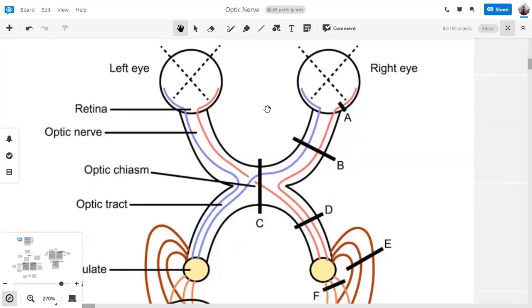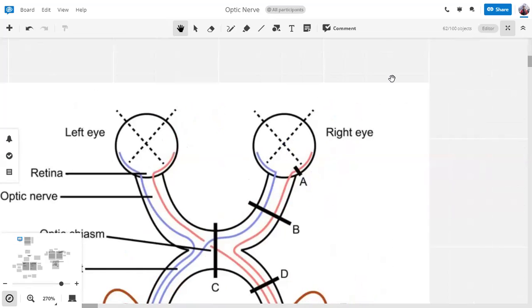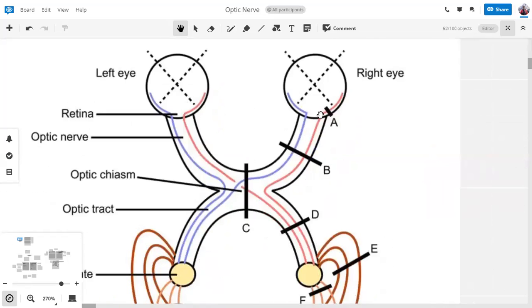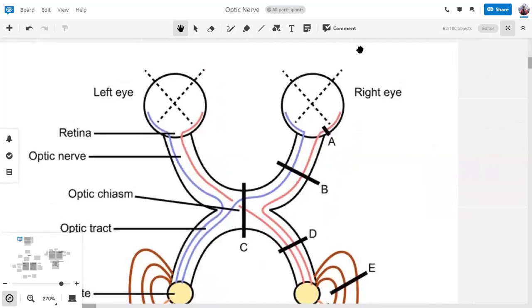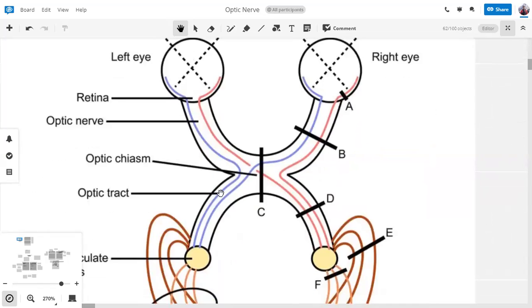You can see the blue fibers go to one side. What this means is that the fibers perceiving the temporal field externally are present on one side. The temporal field of one side is present on one side. So this creates a bit of confusion.